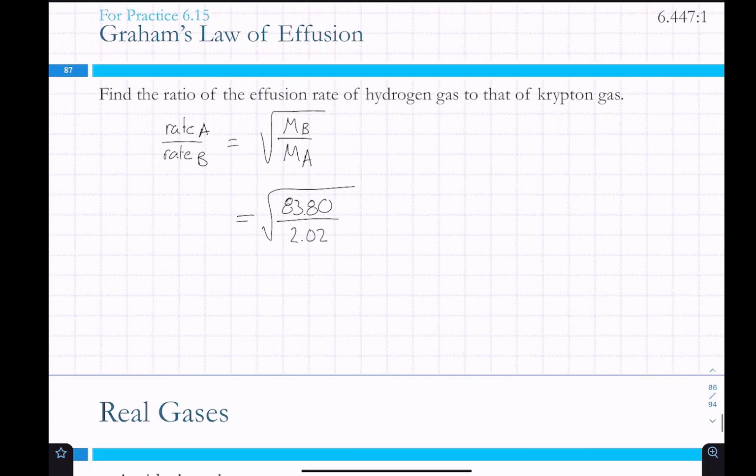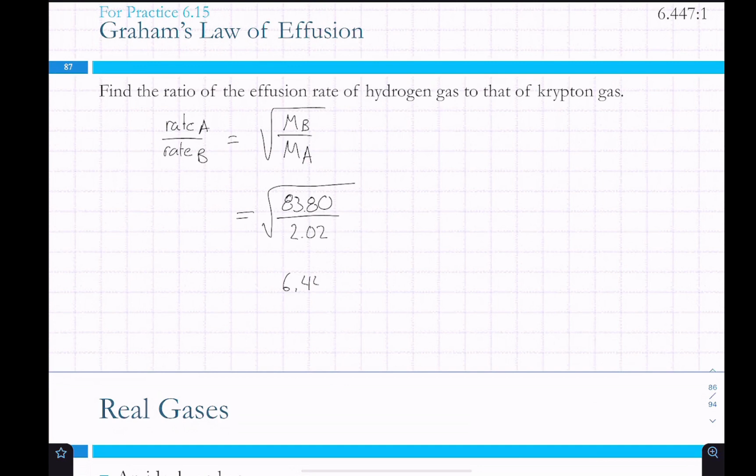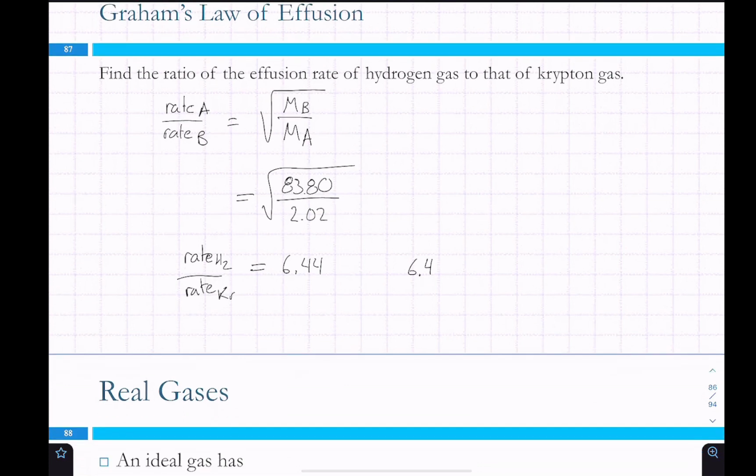So square root, it's 6.44, equals the rate of H2 over the rate of krypton. So we would say that hydrogen effuses 6.44 times faster than krypton. Or they have an effusion ratio of 6.44 to 1.